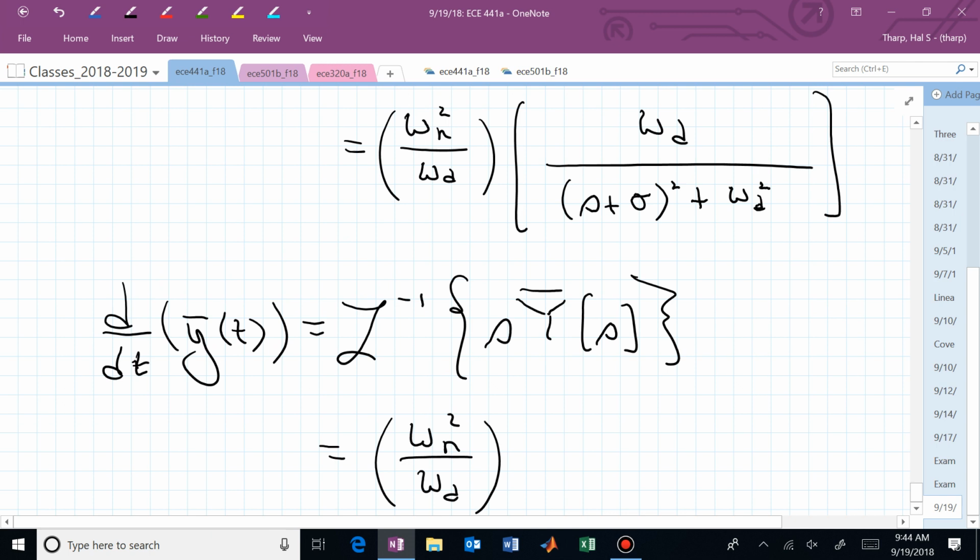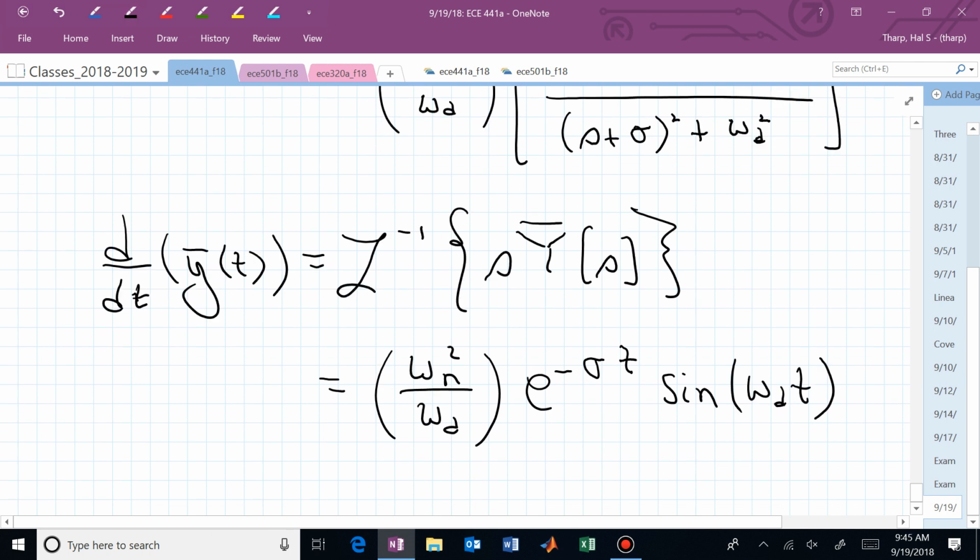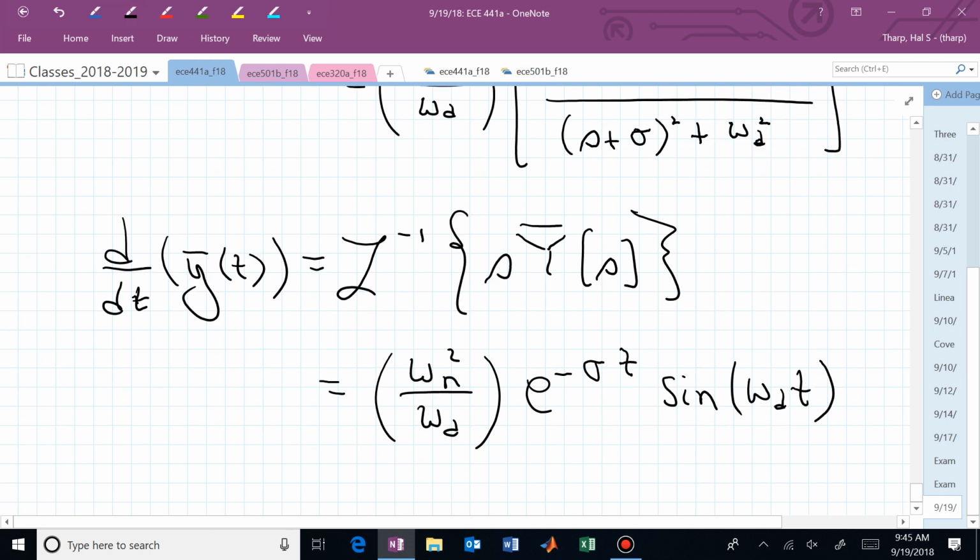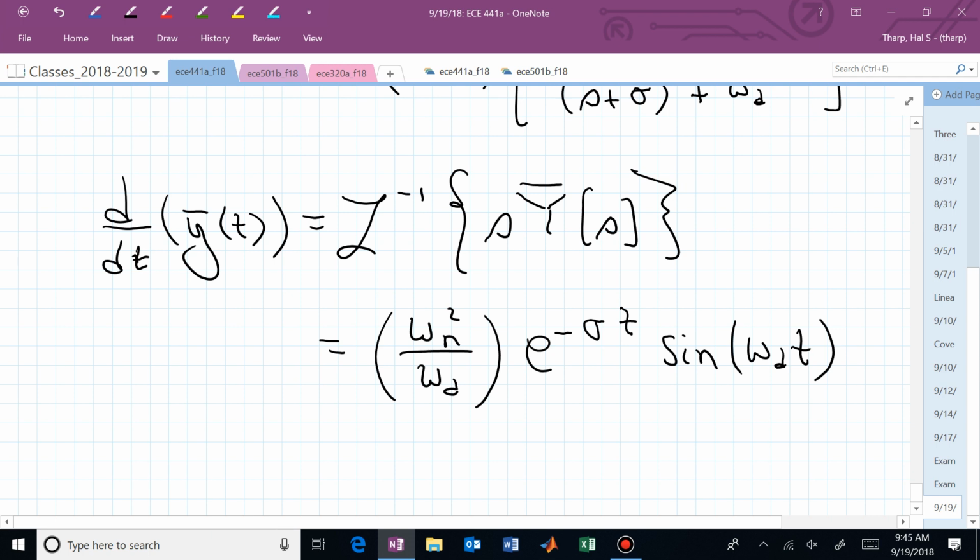That's what inverse Laplace transforming that bracketed term will give us. This is now e to the minus sigma t sine omega sub d t. We okay with that? That's the derivative of y bar in the time domain.